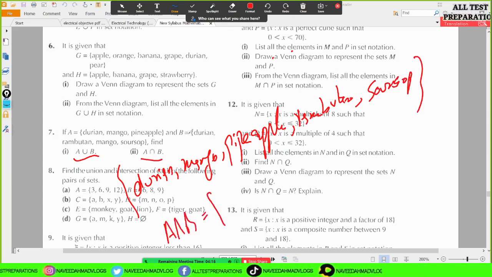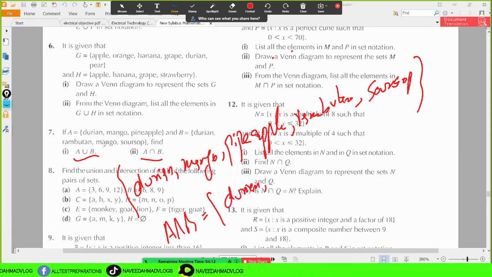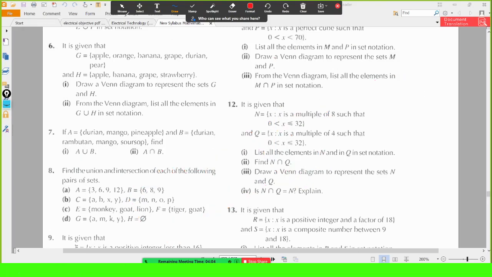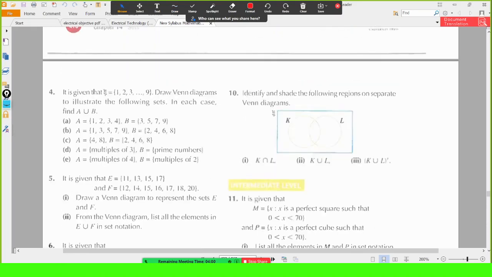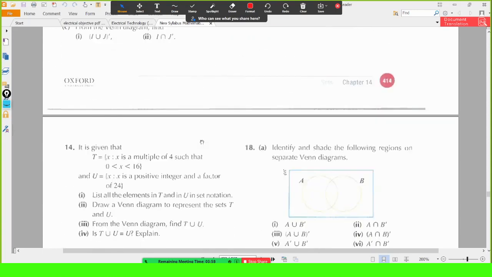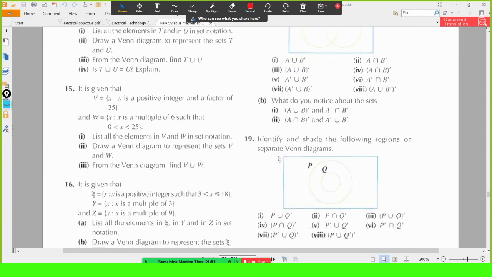Common elements. Durian, yes. Mango, yes. Okay, this is your A intersection B. So it is not that difficult. Hopefully you will do this type of question.